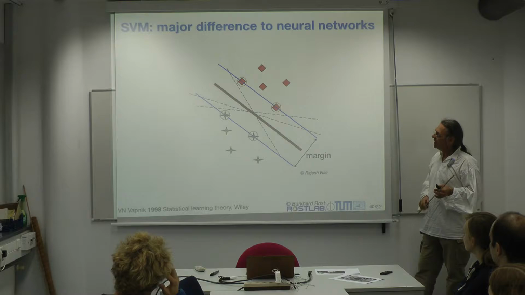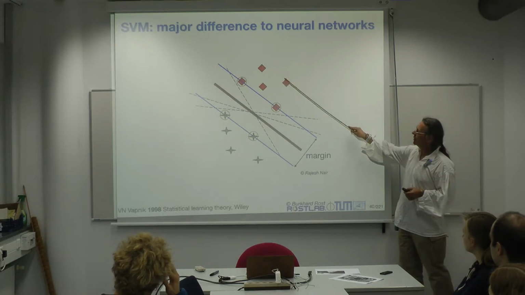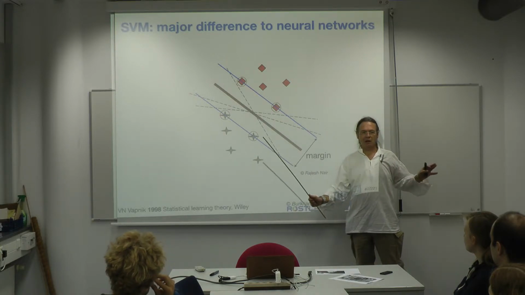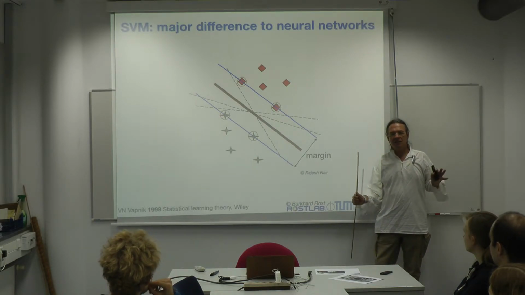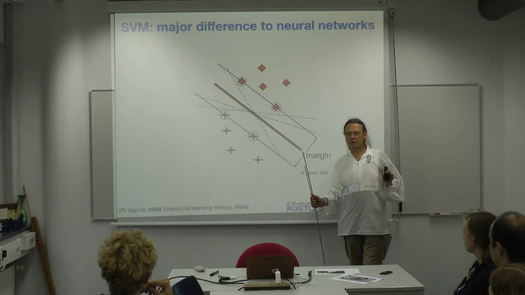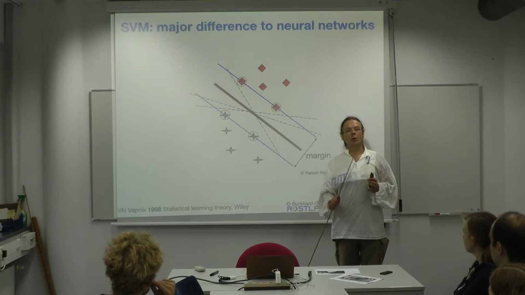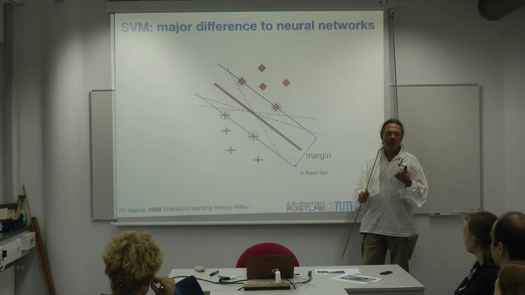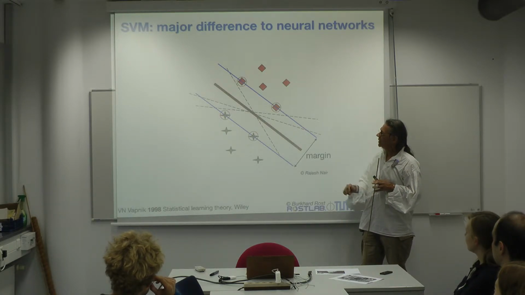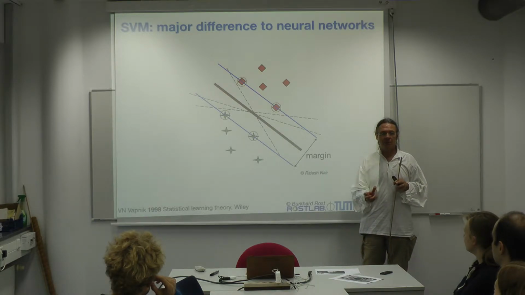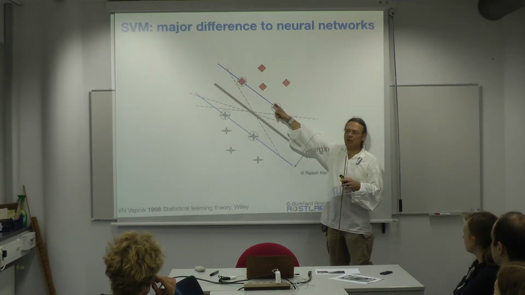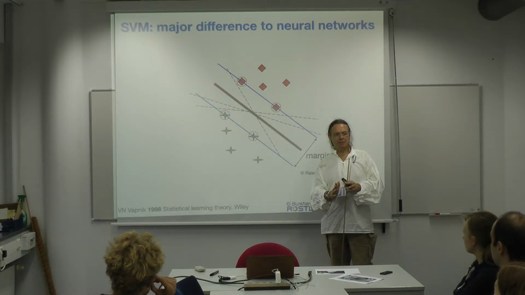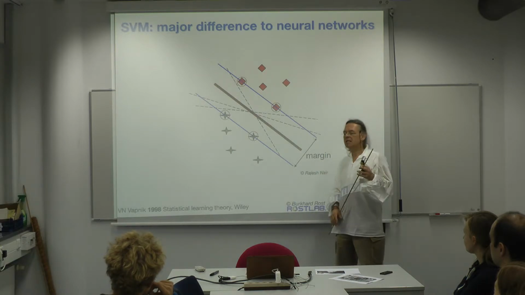So Vapnik argues, well, there are some points here, red and some green, that are so far from each other that their classification is trivial. Any kind of device could classify them, so let's ignore them. Let's focus on the more challenging part of the problem. The most challenging part is simply defined as: pick all the points that are red and green that are closest to each other, so the points at the interface.